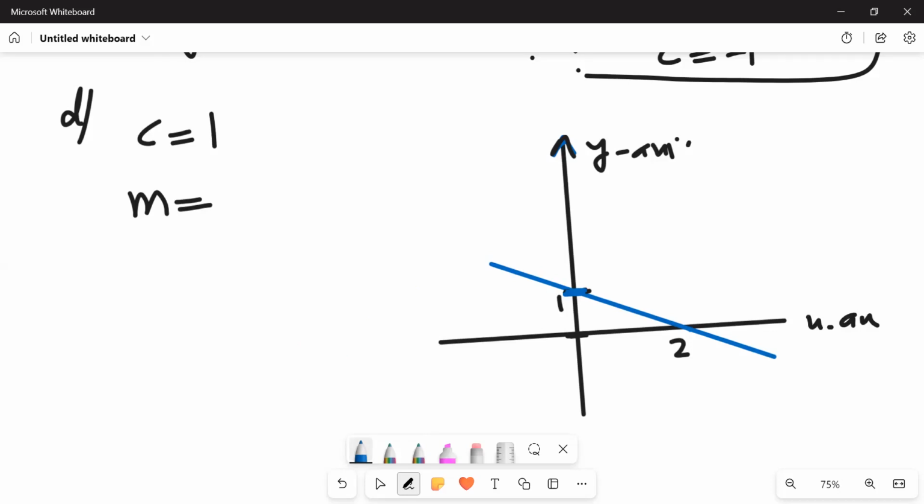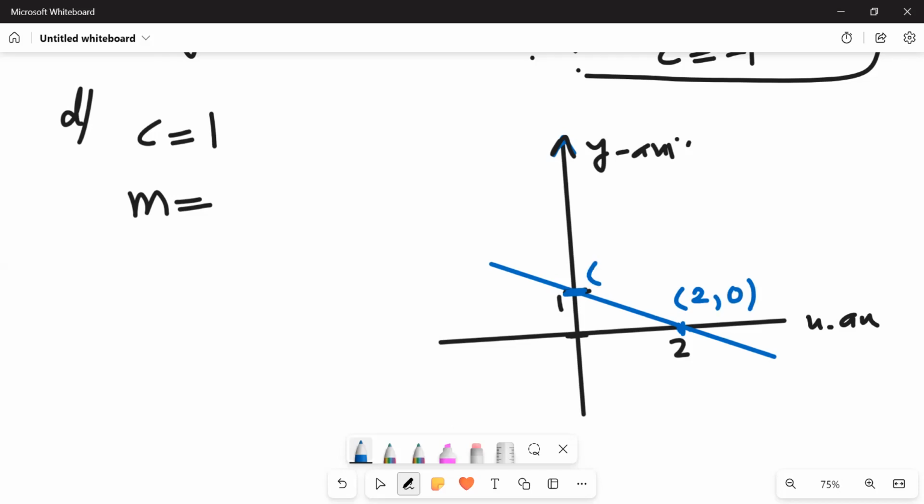Now the points: at the x-axis it is 2 and y is 0, right?